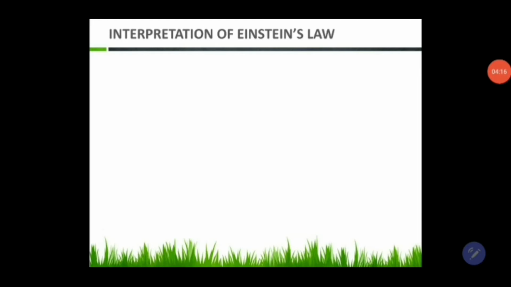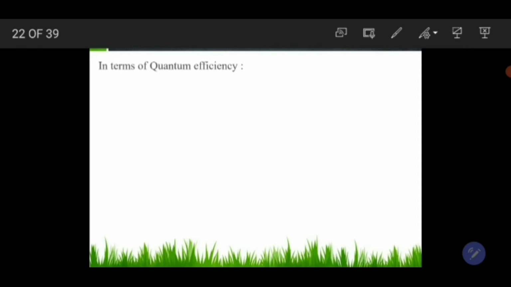Another important topic from this chapter is quantum yield or quantum efficiency. We came to a definition of quantum efficiency by taking the help of Einstein's law, that is Einstein's Stark law, which we have already learned. So what is quantum efficiency?